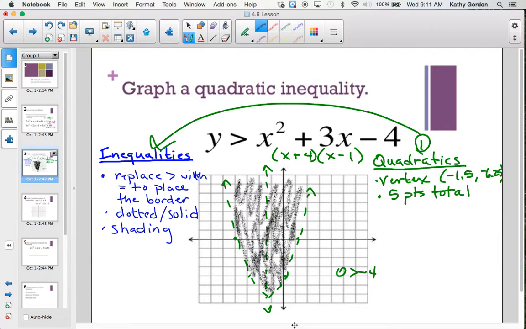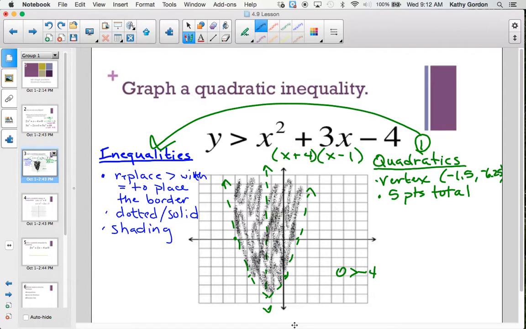Questions on that? So theoretically, when you're asked to graph a quadratic inequality like this in 2 variables, there really isn't anything new here. What you're doing is taking 2 things you already know how to do and bringing them together to do something a little different. You're following the same steps that we used for graphing quadratics in terms of finding the vertex and then getting 4 other points.